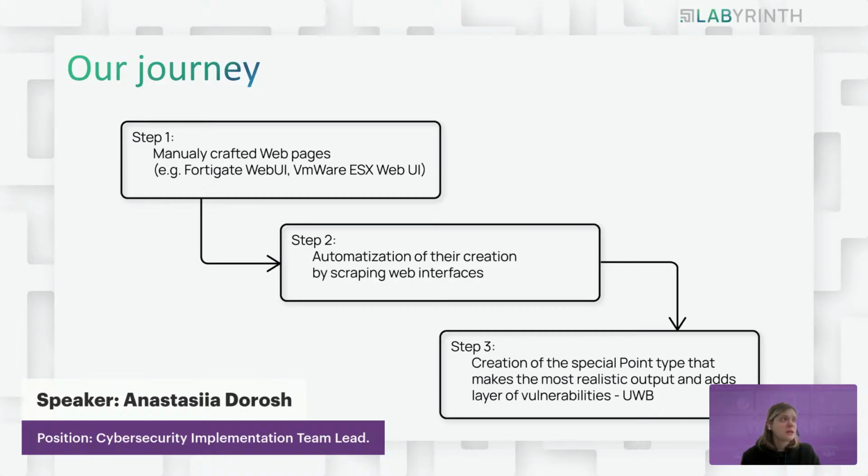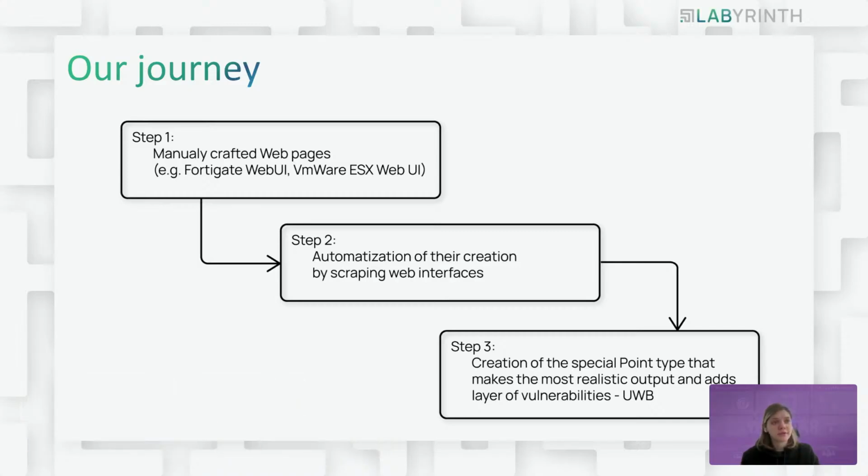So at first, when the solution was created, we noticed that there is a major gap in web deception, to be more precise, because the web is currently almost one of the most popular segments that is being attacked, being used constantly, and we need some kind of tooling to cover this gap.